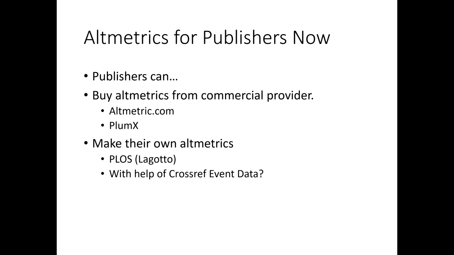You can make your own Altmetrics like PLOS do with their Legato software, and maybe with the help of the Crossref event data. And you can also use or report your internal download or sharing Altmetrics, data about how often people access the information in your repository.